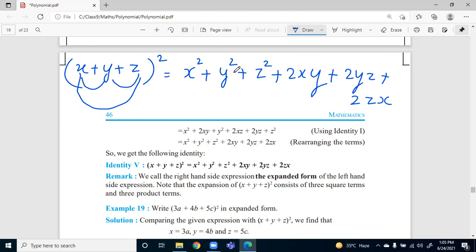That sign will not be reflected in the square, because if we take the square of a negative number, it is positive. But it will be reflected where we are multiplying them. You can see plus 2xy. If y is negative, then this will become minus 2xy. So that observation you have to carry on.